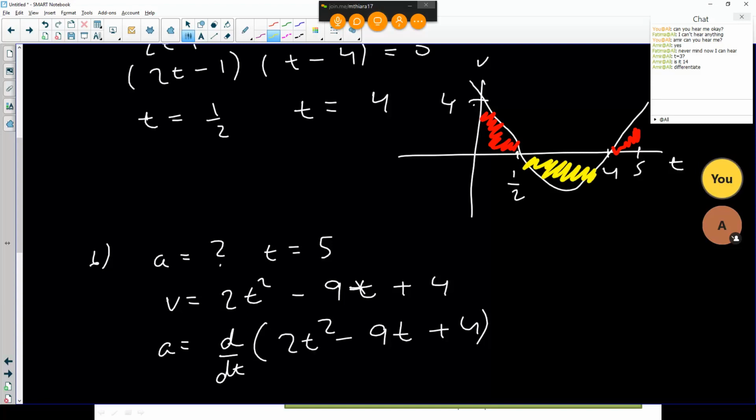Now if I integrated straight away between t equals 0 and t equals 5, some of the positive would cancel out with some of the negatives, and I would have done it incorrectly.